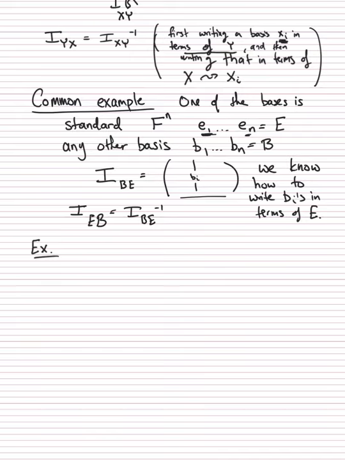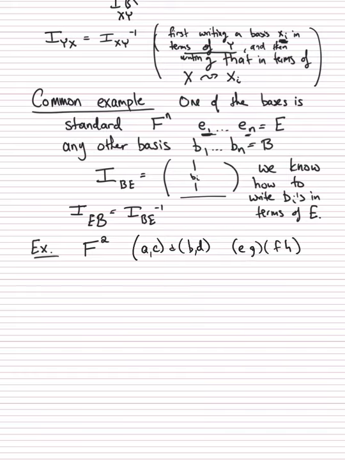So actually, I'll do the general case in R2, say, or F2. Okay, so we're going to have two bases, which I'll call AC and BD, and then EG and FH.